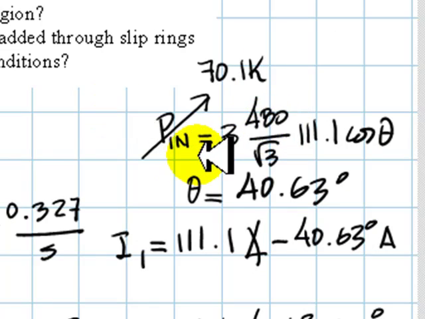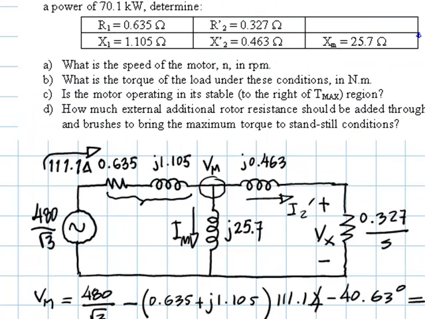Like this, the input power is 3 times that applied voltage times the RMS value of the current times the power factor. But the input power is 70.1 kilowatts. From there, we find that the current is lagging behind the voltage by 40.63 degrees. How do I know that this phase is lagging? Because this is an inductive circuit, of course.